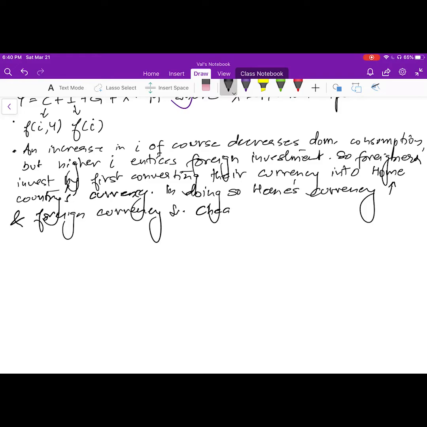Cheaper foreign currency increases home demand for imports, right? Of course, because if the foreign currency is cheaper, that implies that foreign goods are going to be cheaper as well. So you're going to demand more imports.